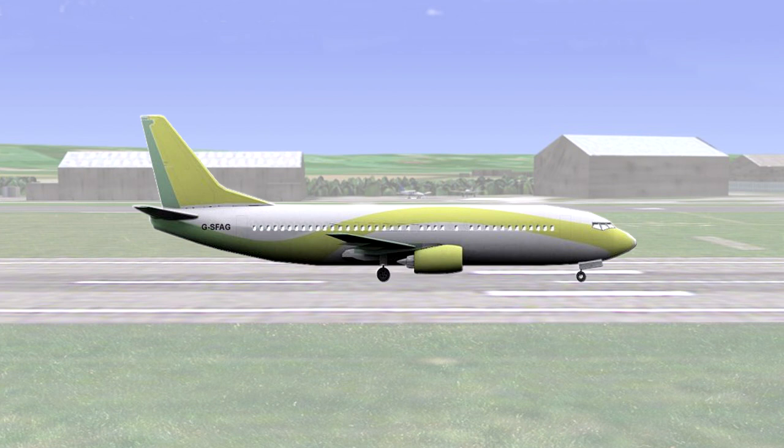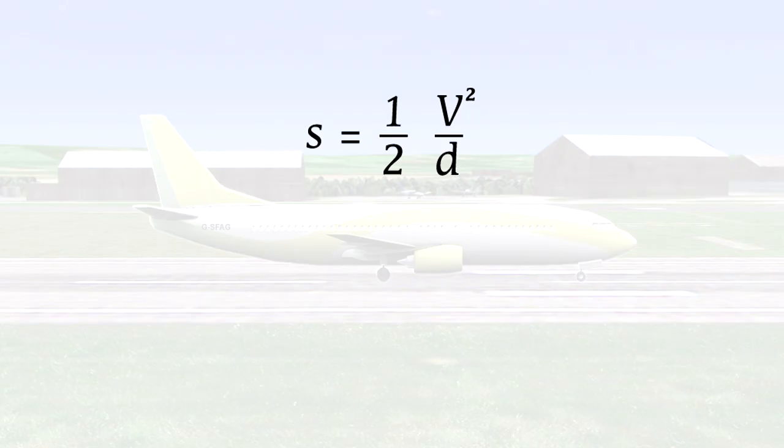Next, we'll examine what determines the landing distance, and also what roles the four forces play. In order to do this, let's briefly detail the formula that is used to calculate the landing distance. The letter S is the displacement or distance required to stop from a specified speed, which is v, with a given deceleration d.